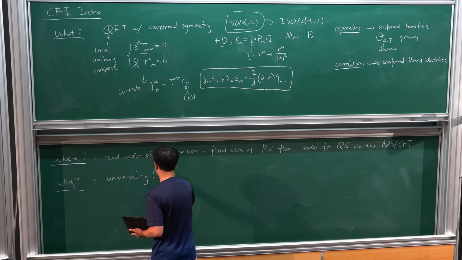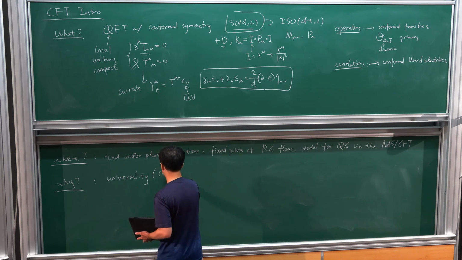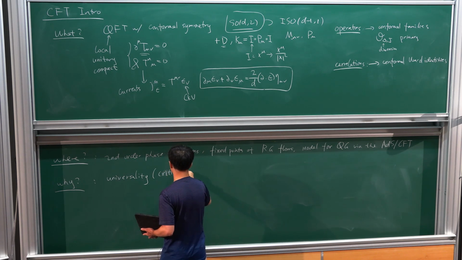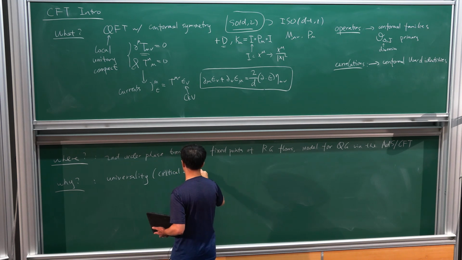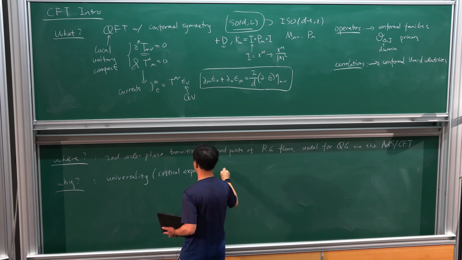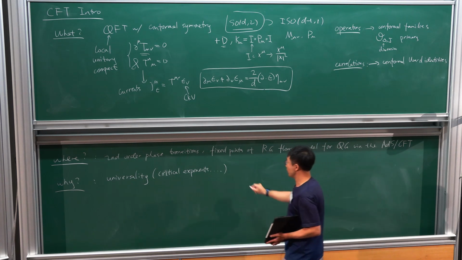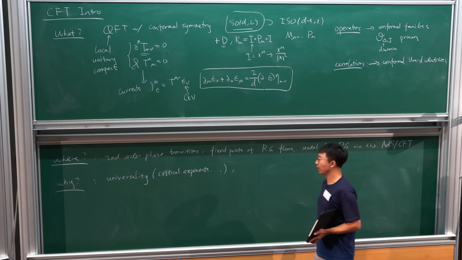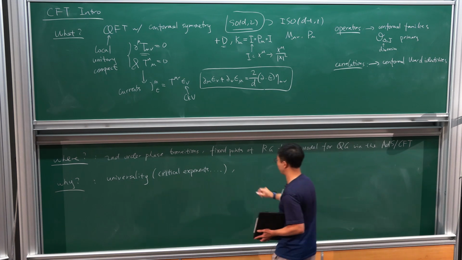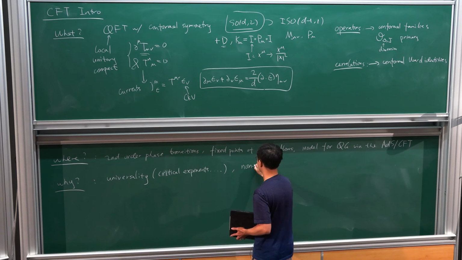And they are characterized by a small set of physical data that includes the so-called critical exponents and, as we will describe later on, OPE coefficients associated with operators in the CFT.